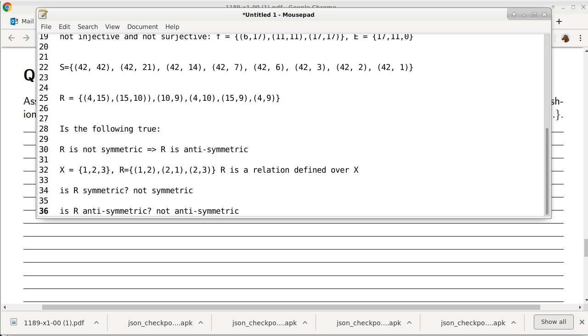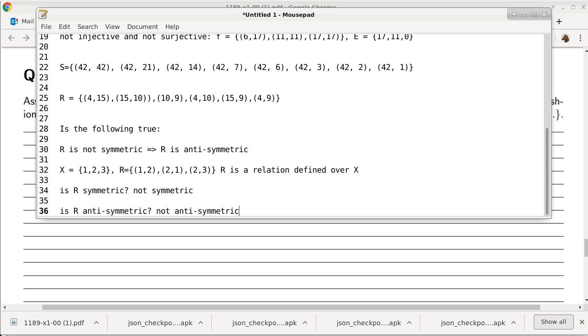Because we have 1 R 2 and 2 R 1, but 1 does not equal 2. So it fails that requirement to be anti-symmetric. So in this case, what we have here is something that is not symmetric, and yet it is also not anti-symmetric. It's neither.